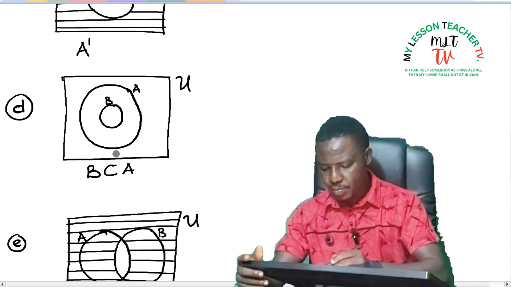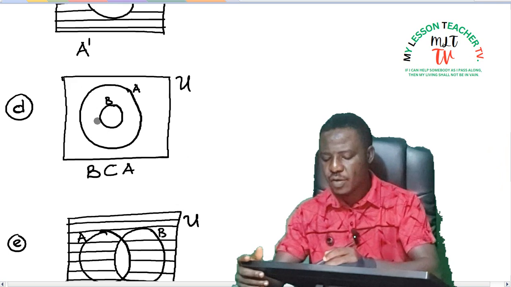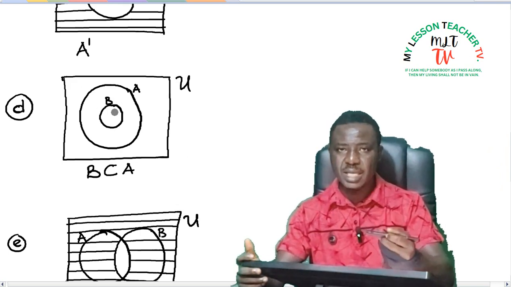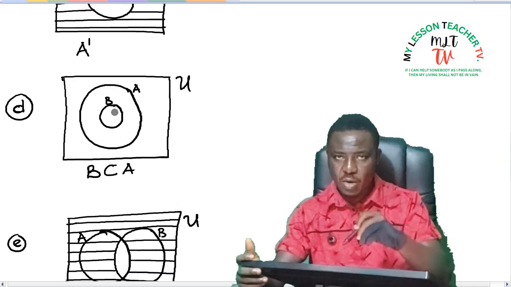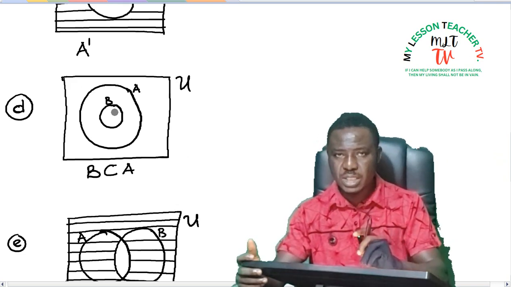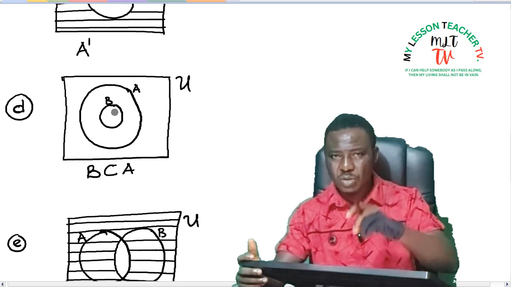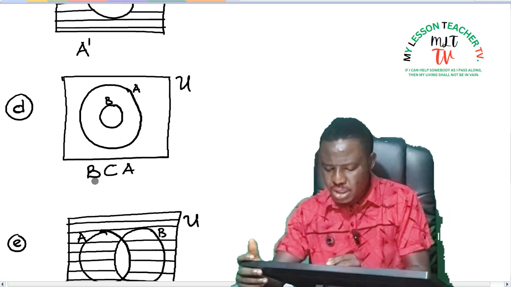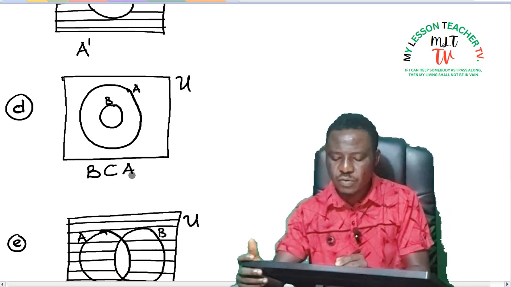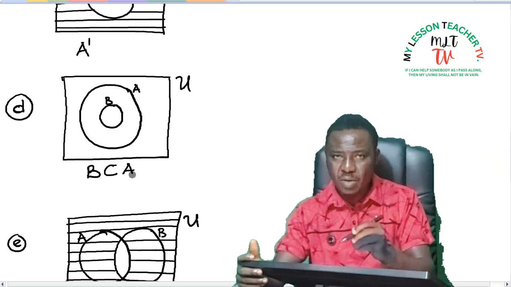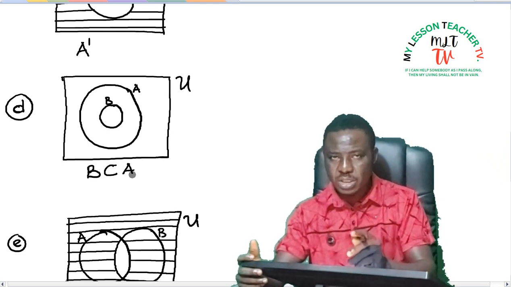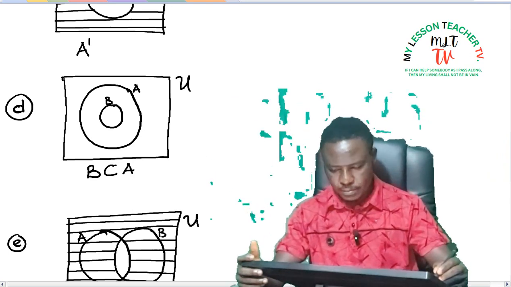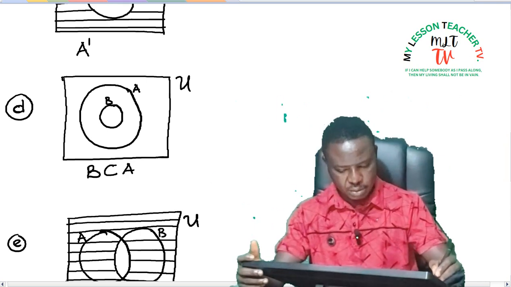Then we have a set A, and in the set A we have a set B. Now that set B, being a member of set A, or part of set A, we refer to it as a subset of set A. So we have it that B is a subset of set A because it can be found in set A. And this is how it is represented.